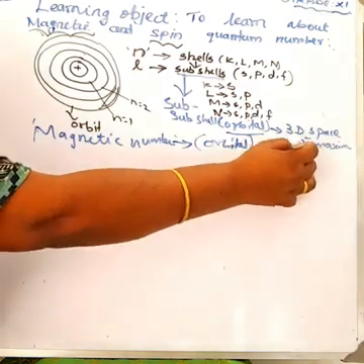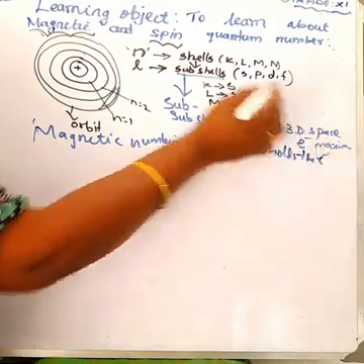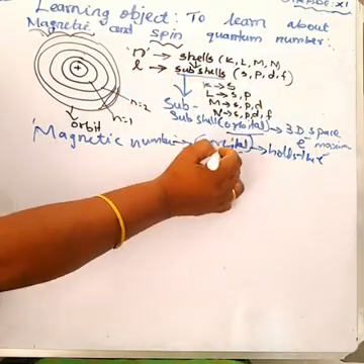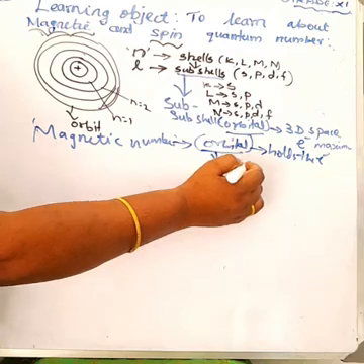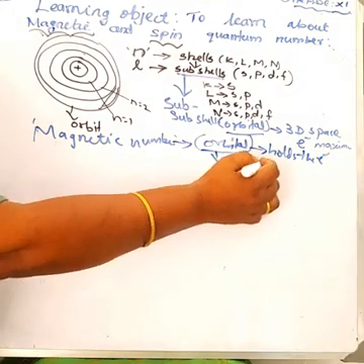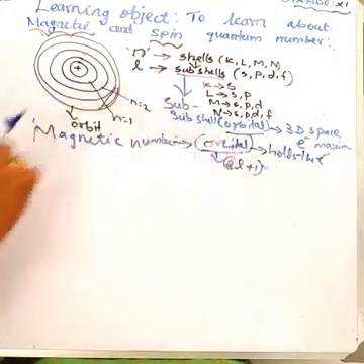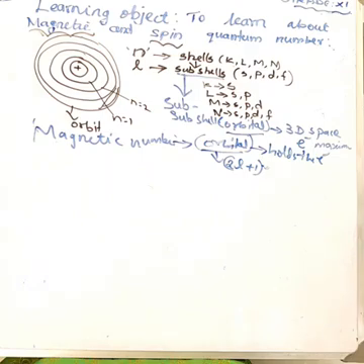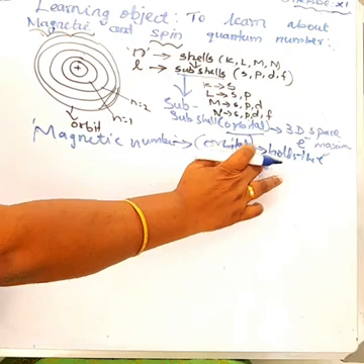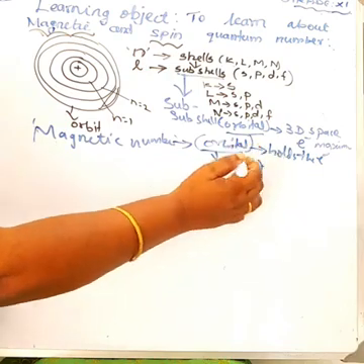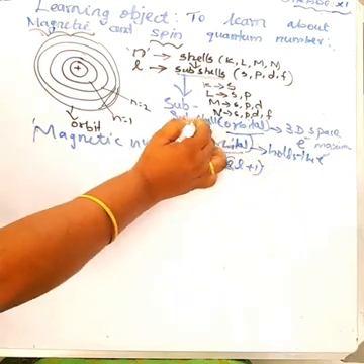There are 2l plus 1 orbitals in each subshell. In each subshell, how many orbitals are there? 2l plus 1.